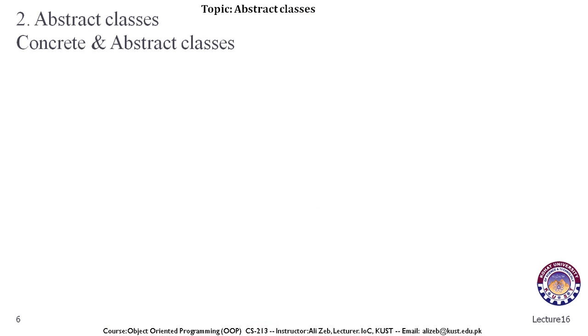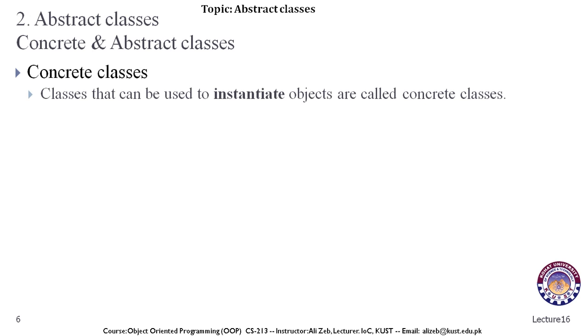Now, to differentiate between the concrete and the abstract classes: a concrete class is a class that can be used to instantiate objects. In simple terms, when we can declare an object of a class, that class is a concrete class.